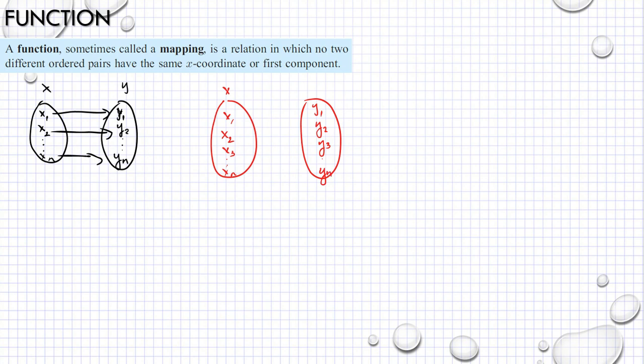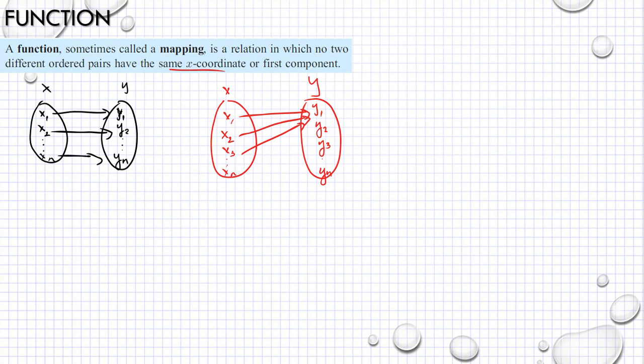It is also allowed for different x values to have the same y value. So if I have x sub 1 goes to y sub 1, and my x sub 2 goes to y sub 1, then this is also allowed. Even if x sub 3 goes to y sub 1. It doesn't matter how many x go to the same value of y, it is also allowed.